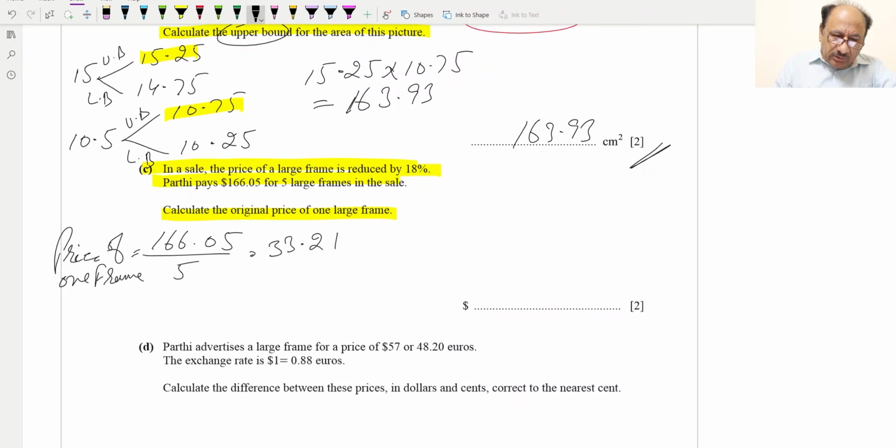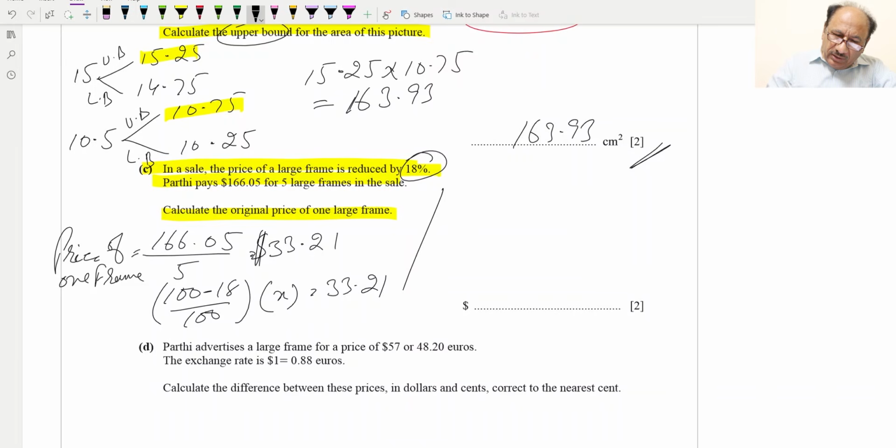This will be in dollars, and now we can apply reverse percentage. This is 18%, so (100 minus 18) divided by 100. In case of reduction we are taking the minus sign. This times x is equal to 33.21 and we can find the x value.